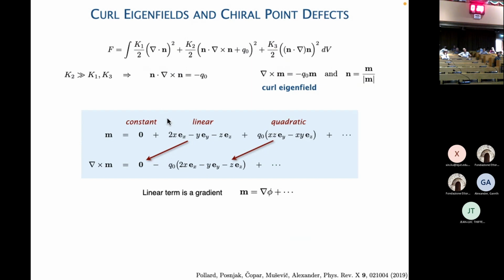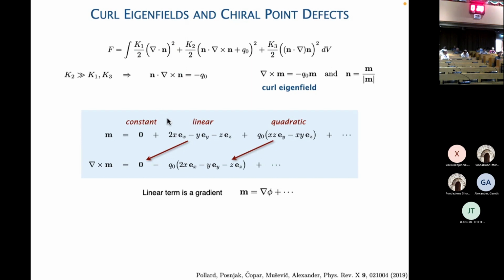And I write down schematically the structure of this curl eigenfield equation. So I take my vector field, I calculate its curl and see where everything goes and ask it to match up.